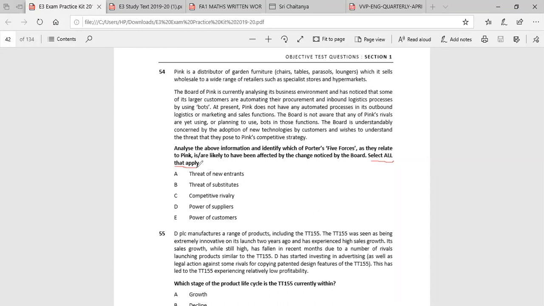C is competitive rivalry. Okay. Disha has given the answer C and D. Let's evaluate those options. C, competitive rivalry.